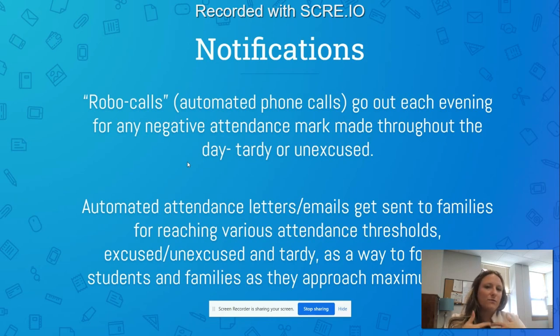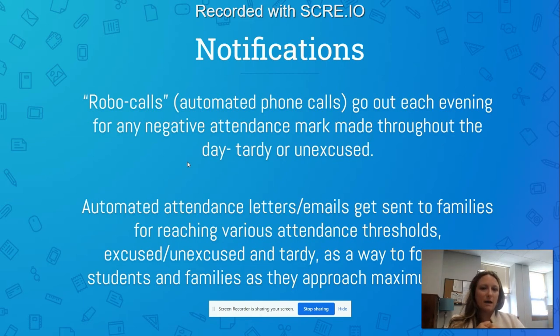And they're really just meant to forewarn or give students and families a heads up. Obviously, though, as you progress to 8 or 10, even excused absences, that's just a time to start thinking, I'm getting really close to that 10. Do I need to be missing this much school? Is there anything that I know is coming up? Do I need to reach out to the main office or my counselor? Things like that.